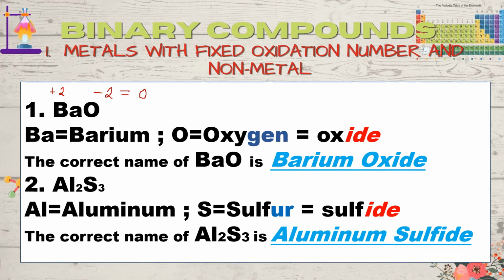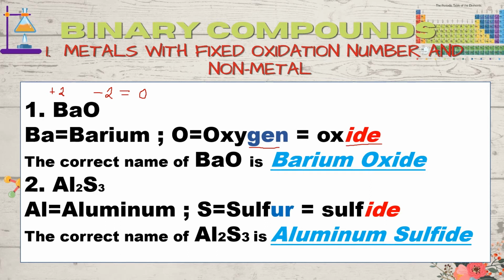Since Ba is your metal, followed by the non-metal, which is your oxygen, you're going to change the ending of the non-metal using the -ide ending. So Ba is barium and oxygen, then the oxygen, you're going to change the ending to -ide. So it will become barium oxide. So that's how you name. So the correct name of BaO is barium oxide.